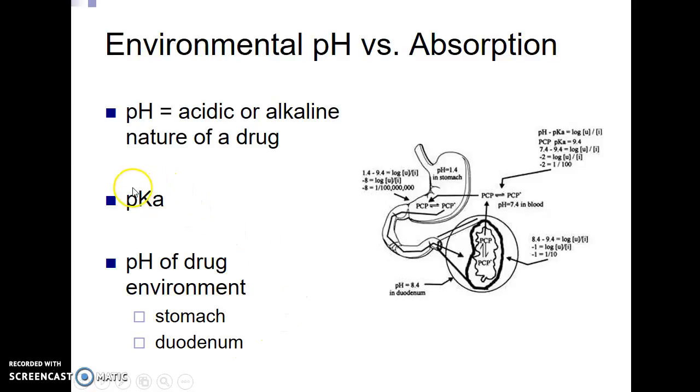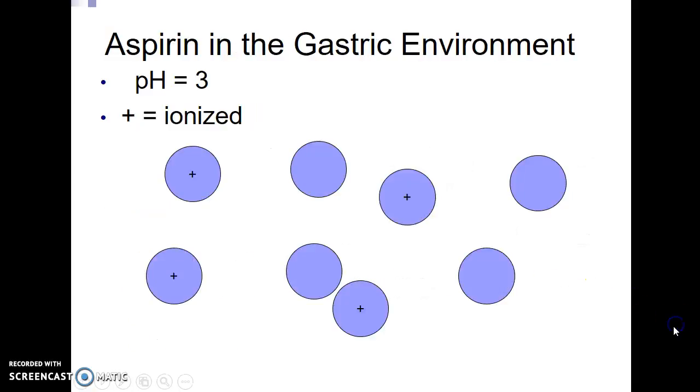And there's a concept called pKa. pKa is the pH of the environment in which a particular drug will be half lipophilic and half hydrophilic. So again, the environment in which a particular drug is placed will affect which form it takes and whether it may be absorbed in a particular environment or not absorbed in that environment.